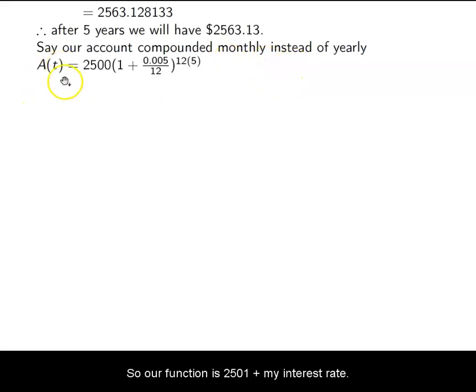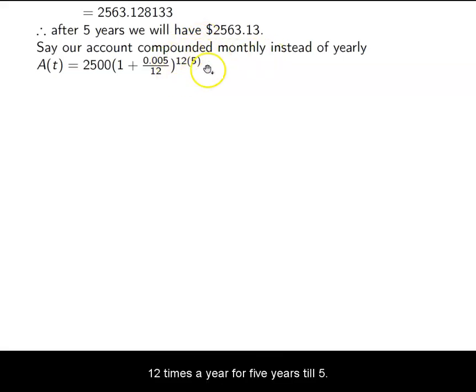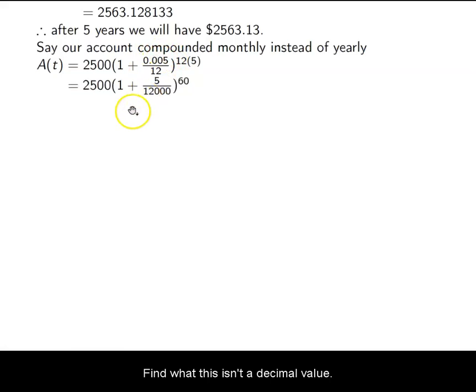Our function is 2,500 times 1 plus my interest rate over n, which is 12. And then here we have 12 times 5 because, again, this is the total number of times we compound over the time that we're interested in, right? So 12 times a year for 5 years, 12 times 5.